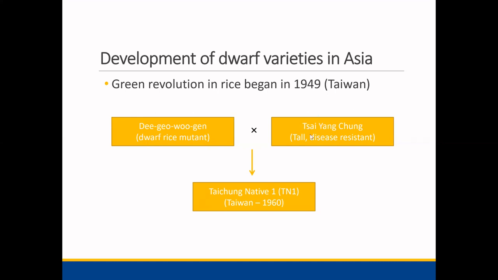The second one was Taiwan's own one, Tsai-yuan-chung, right? It was tall, but it had some disease resistance. So they wanted to incorporate that disease resistance into this dwarf short variety. So they used these two parents to breed this particular variety.